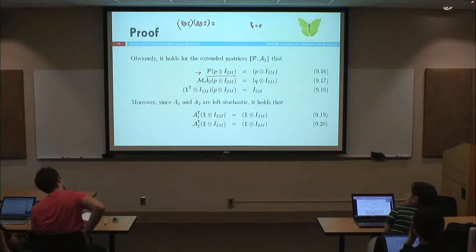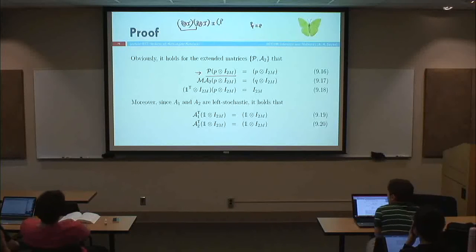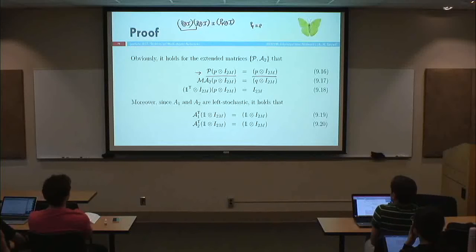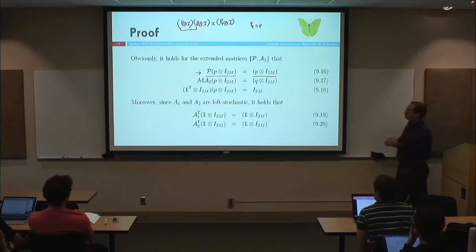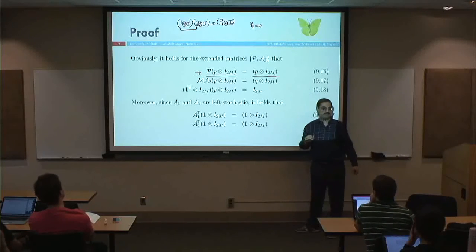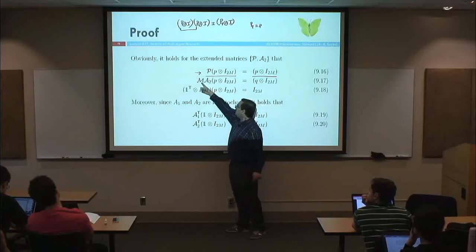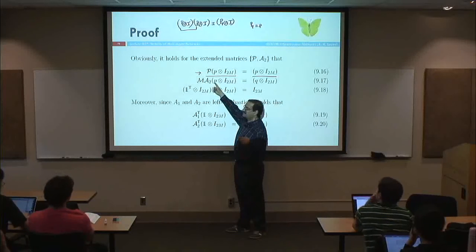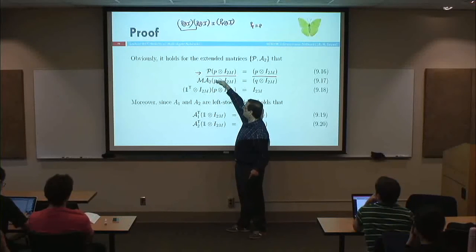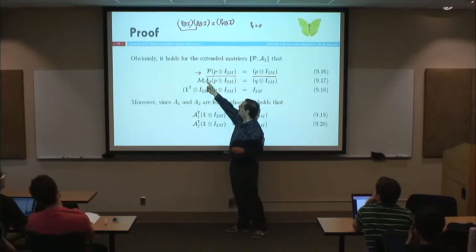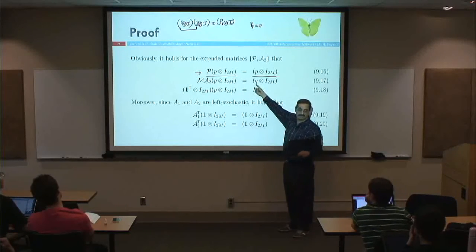If you use properties of Kronecker products, you get capital P times little p Kronecker I, which gives you again this. So because of the properties of Kronecker products, relation 16 is correct. I'm just writing them down. Here, M times A2 times P, that's the Q. But this is written in the Kronecker product because this is the extended M, this is the extended A. So this will be the extended Q.